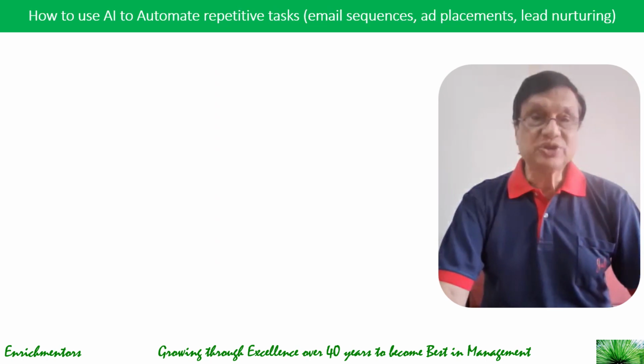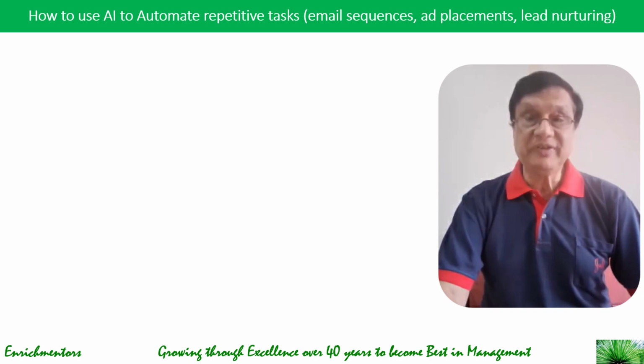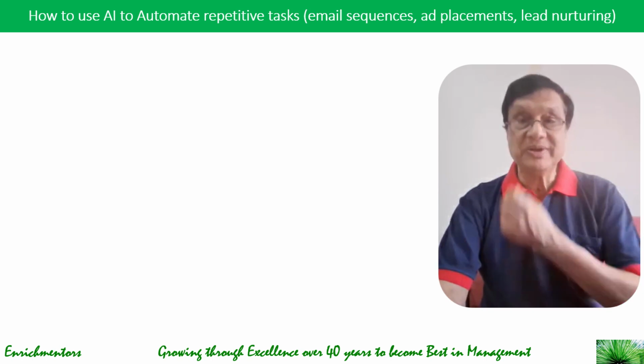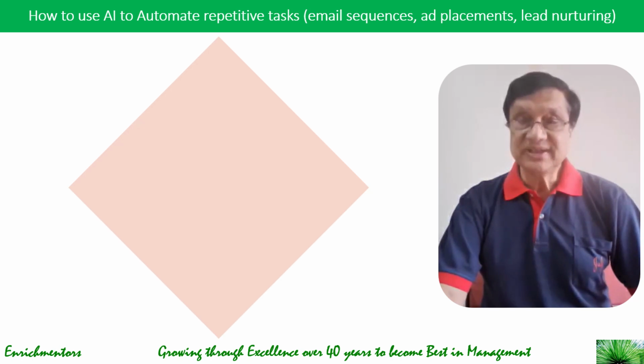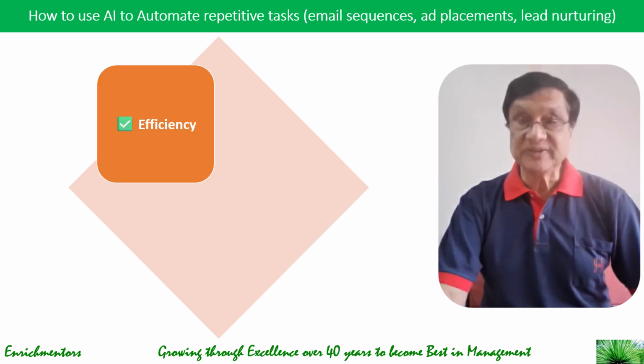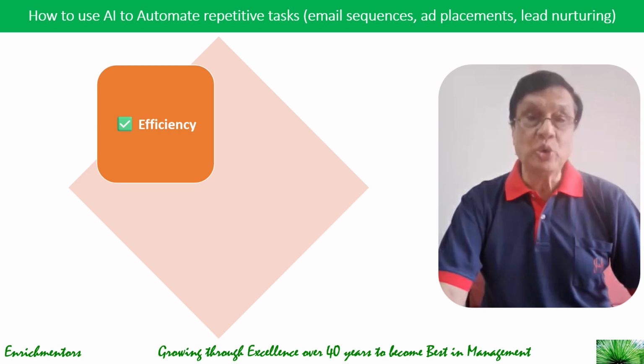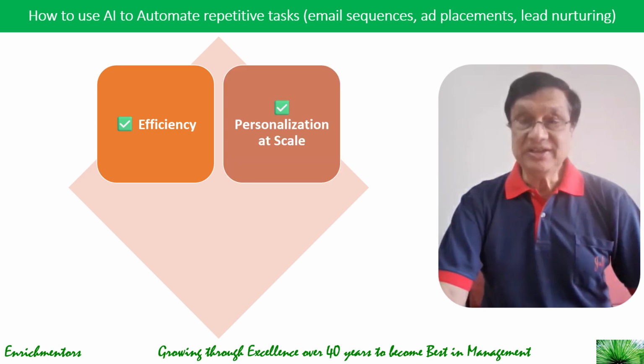So what are the benefits of using AI to automate repetitive tasks like email sequencing, ad placements, and lead nurturing? First, it saves time and improves efficiency by letting AI handle the routine tasks. Second thing is you can do personalization at scale. AI can segment and personalize content for millions of users simultaneously.